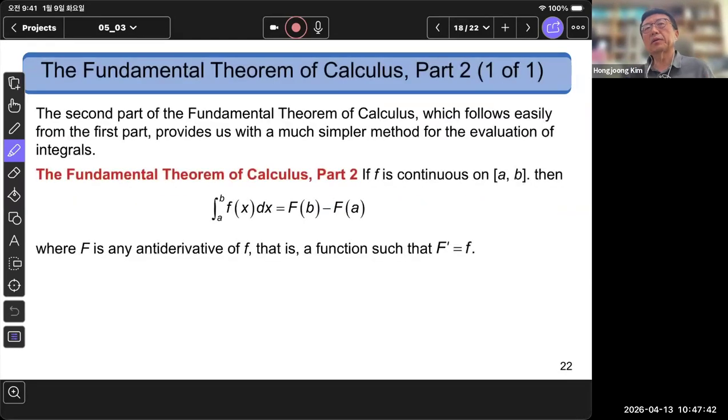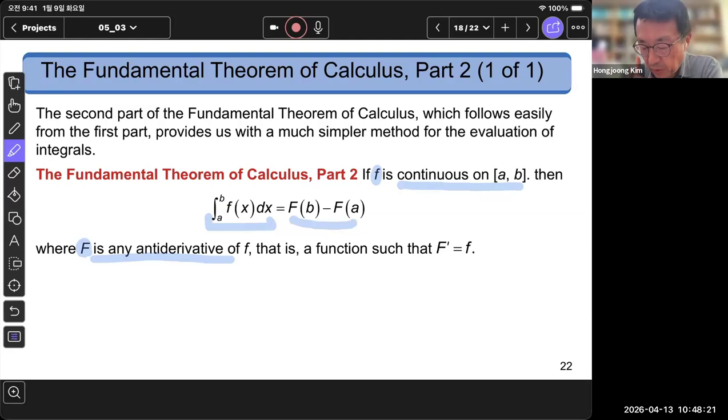Then what does the second part say? If f is given as a continuous function between a and b, and if I know any antiderivative of lowercase f, then this definite integral is obtained by this value.